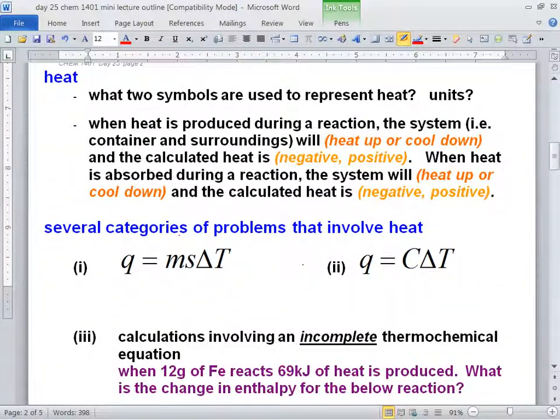So with heat, we have two symbols now that we're going to start using for heat. What are they? What two symbols? There's a hint on this page. Triangle is change. Anybody else? Q. Okay.